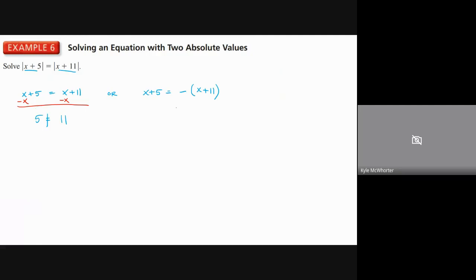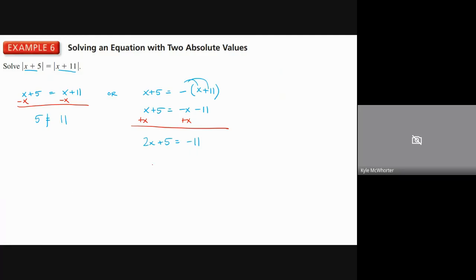Let's check the other equation. So this would be negative x minus 11. Now I'm going to add x to both sides to get rid of my negative x. So then I get 2x plus 5 equals negative 11.